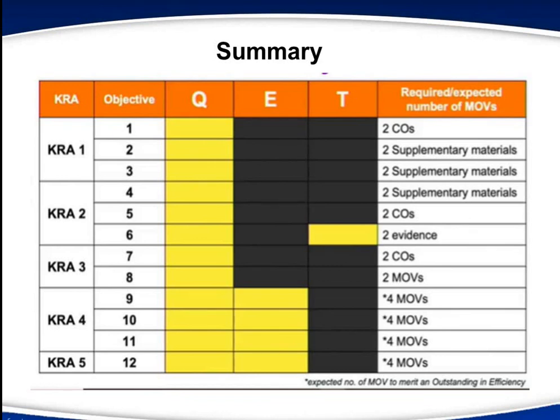Tapos, what's common among objectives 1 to 8 ay nagre-require sila ng dalawang MOVs. No? And then, we have dalawang MOVs or kaya classroom observations and then supplementary materials, nagdadalawa lang.